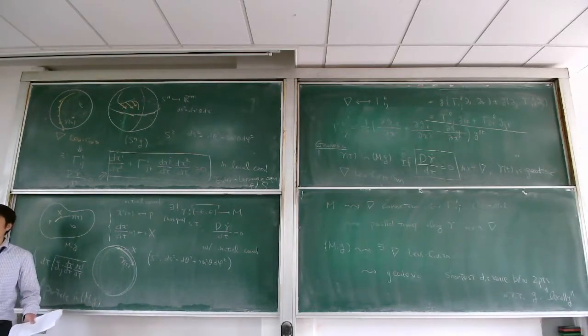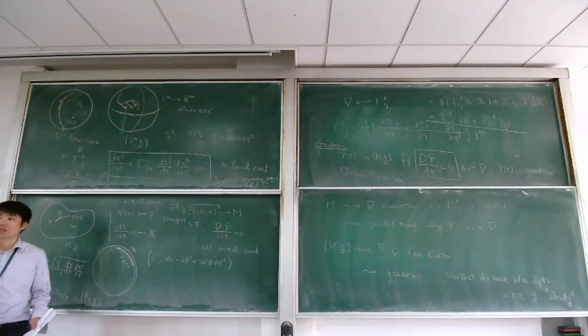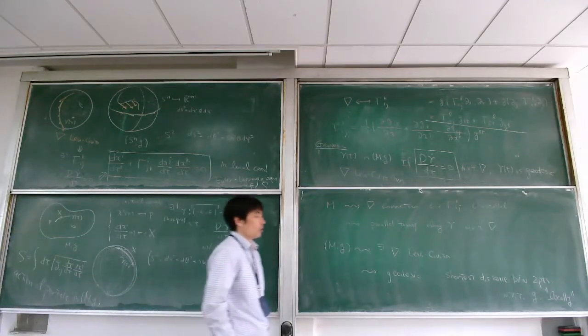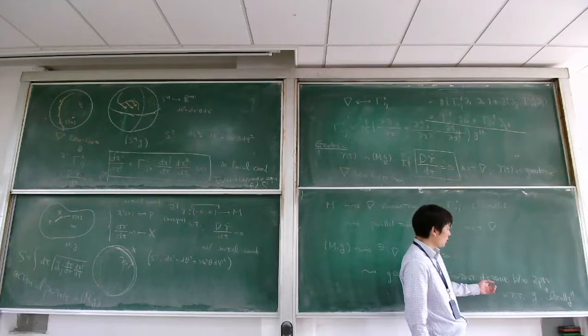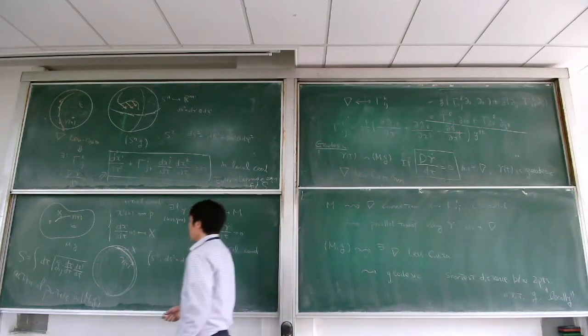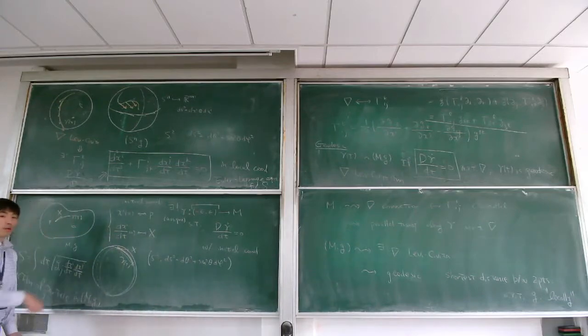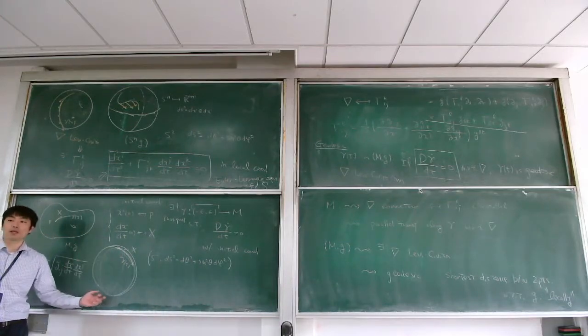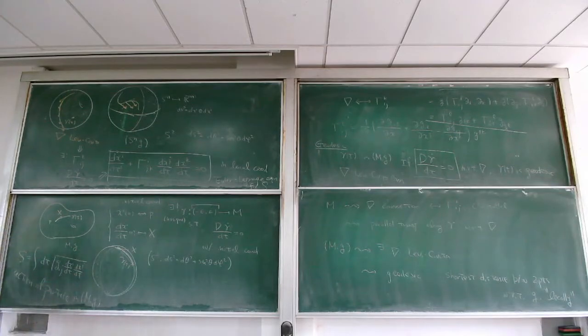But they have the same distance. So to define the shorter distance between two points, the geodesic is only local. Globally, there can be infinitely many geodesics that measure the distance between two points. Okay.